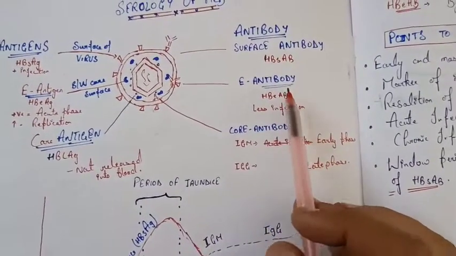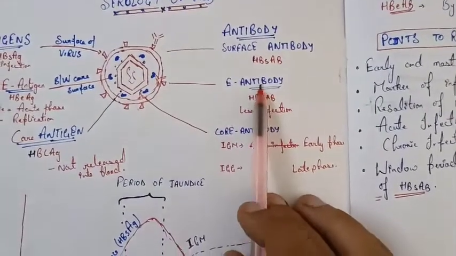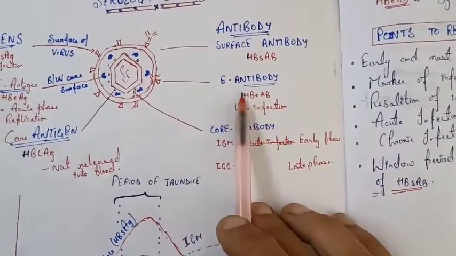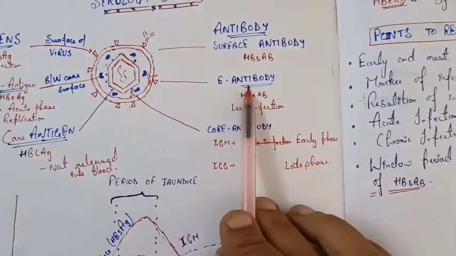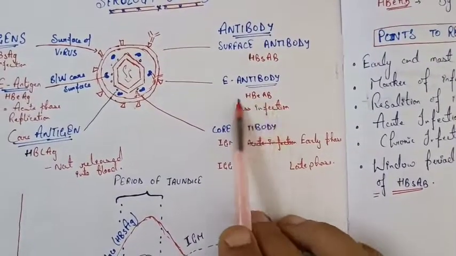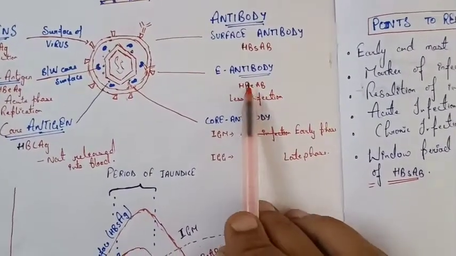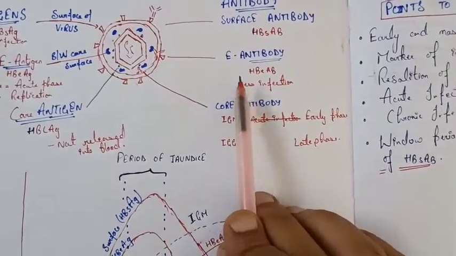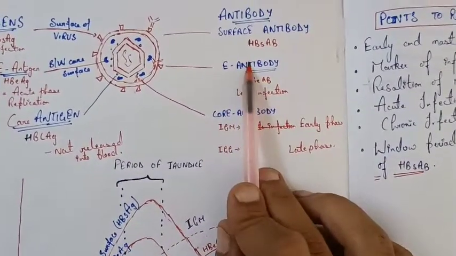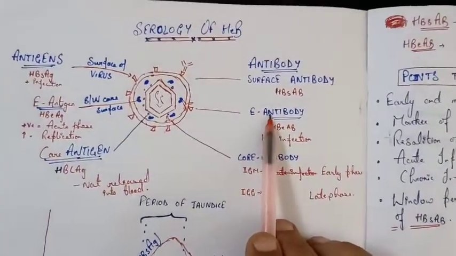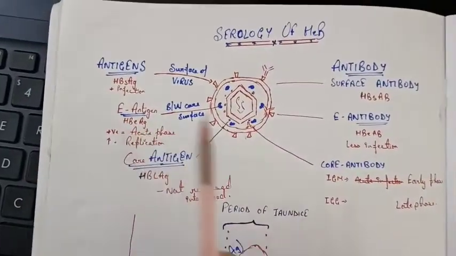And what does this E antibody tell us? E antibody tells us that the person is not in the infective phase, or we can say it is less infective because our body has started producing antibodies. These antibodies neutralize the effect of E antigen.